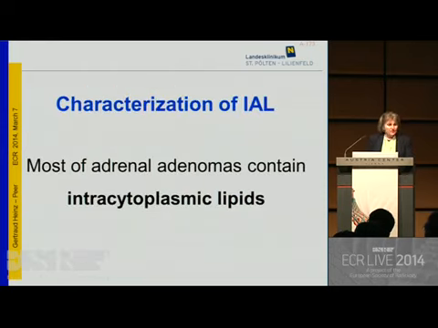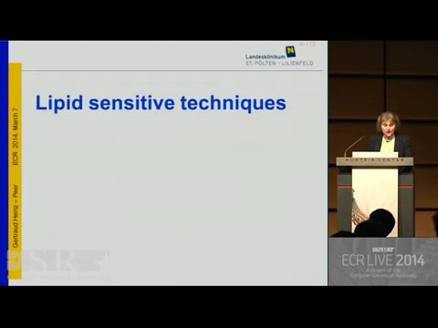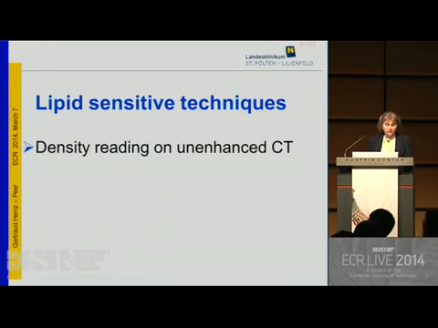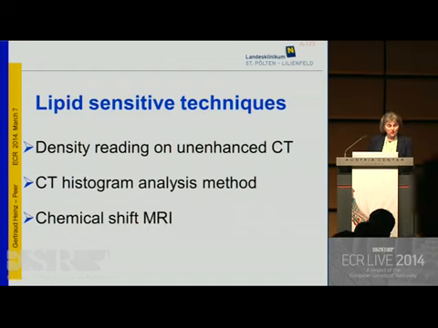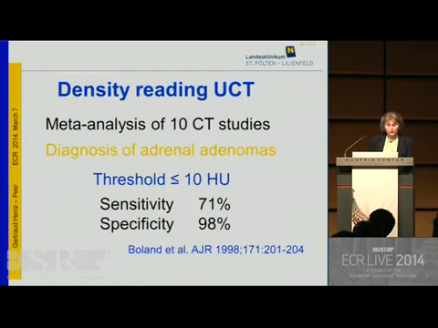And we do have these tests because most adenomas contain a lot of intracytoplasmic lipids, and we can characterize these lipids either by doing density readings on unenhanced CT, including CT histogram analysis techniques, or we can also use chemical shift MRI techniques to prove these lipids.